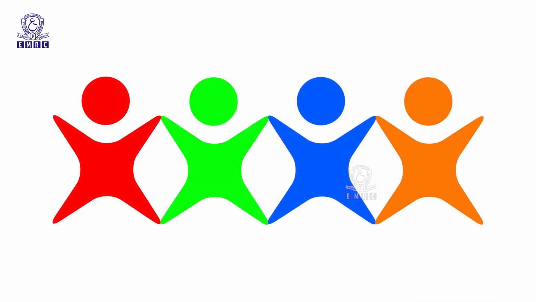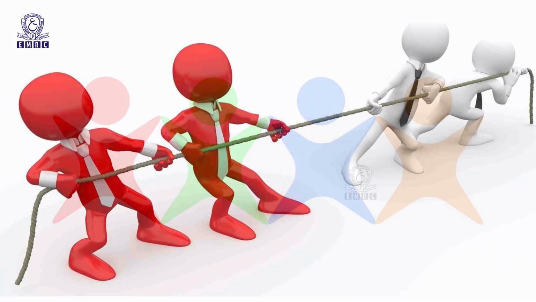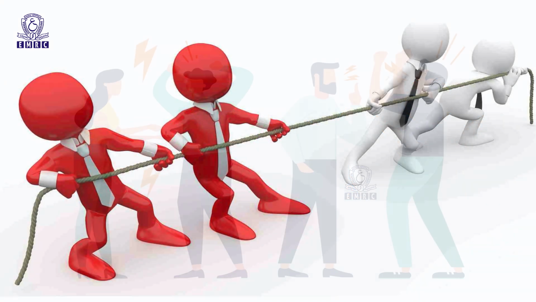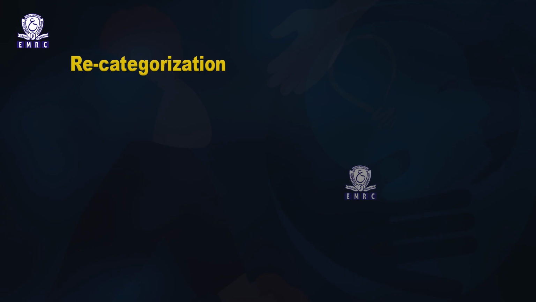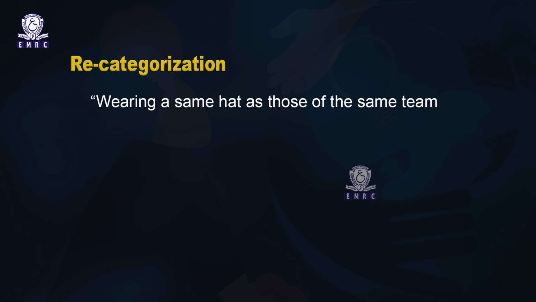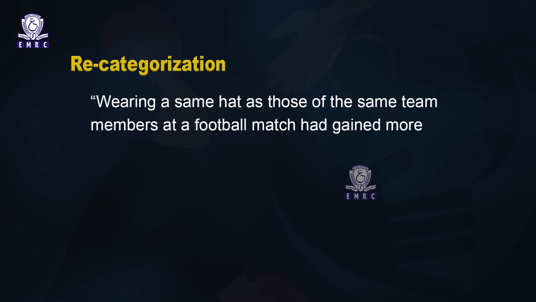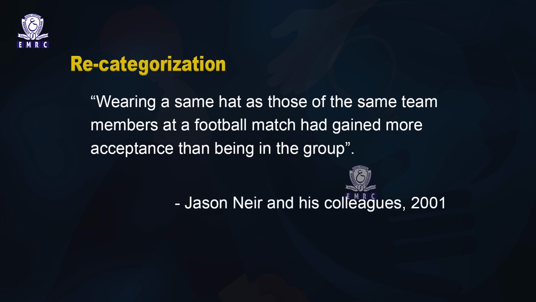And the research on intergroup contact suggests that though it is effective, if it is not implemented well, then the situation might go bad. Jason Nair and his colleagues in the year 2001 found that wearing the same hat as those of the same team members at a football match had gained more acceptance than being in the group.